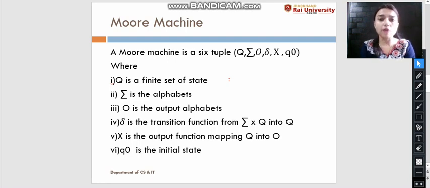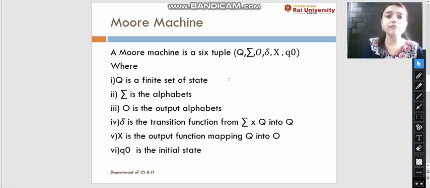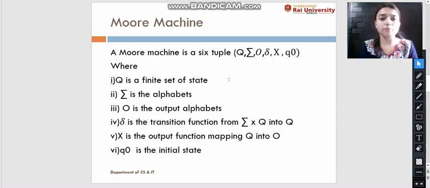And here we have O. O stands for the output alphabet.